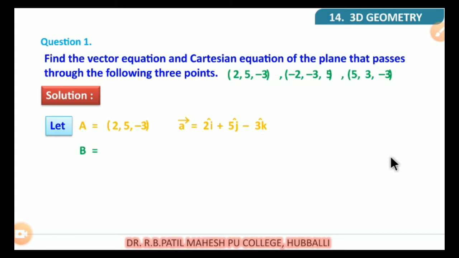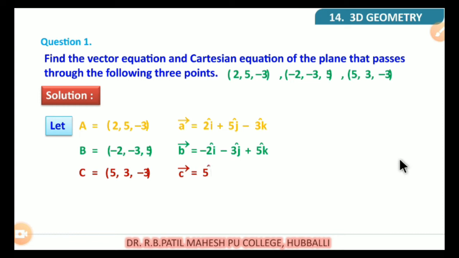Similarly, point B has the coordinates minus 2, minus 3, 5. Therefore, B vector is minus 2i minus 3j plus 5k. Similarly, point C has the coordinates 5, 3, minus 3. Therefore, C vector can be taken as 5i plus 3j minus 3k.